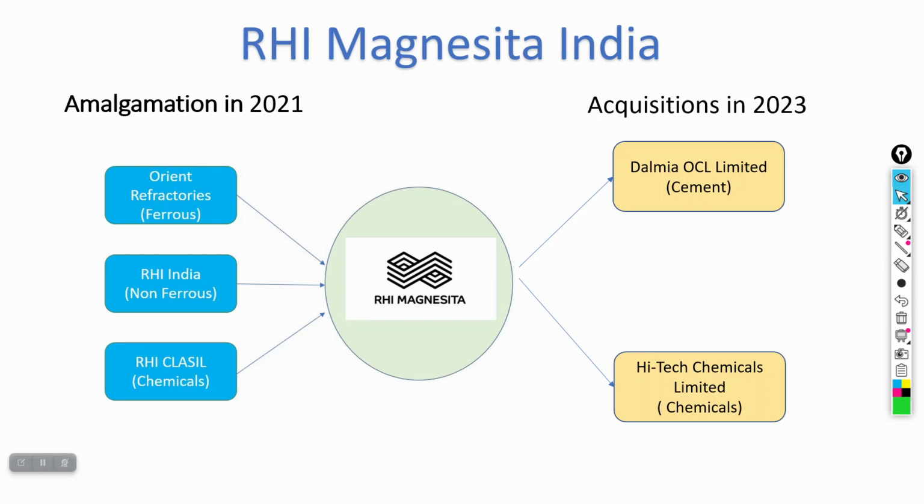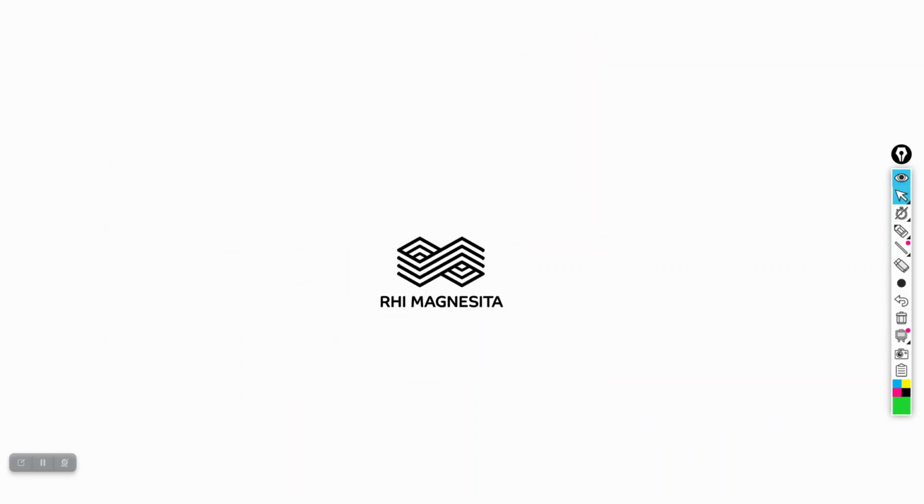This RHI Magnesita is the Indian operating company of the global group called RHI Magnesita. So, the significance of RHI Magnesita: there are four very fundamental points in which it is very important to study the company. The first thing is, it is a global market leader.